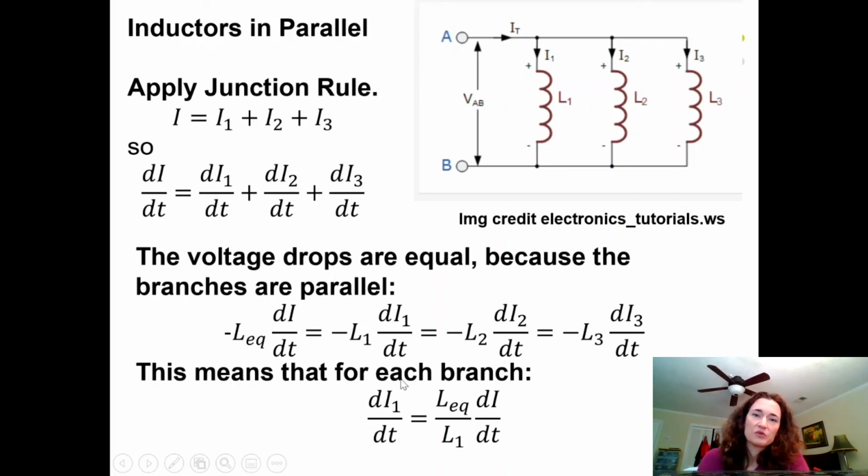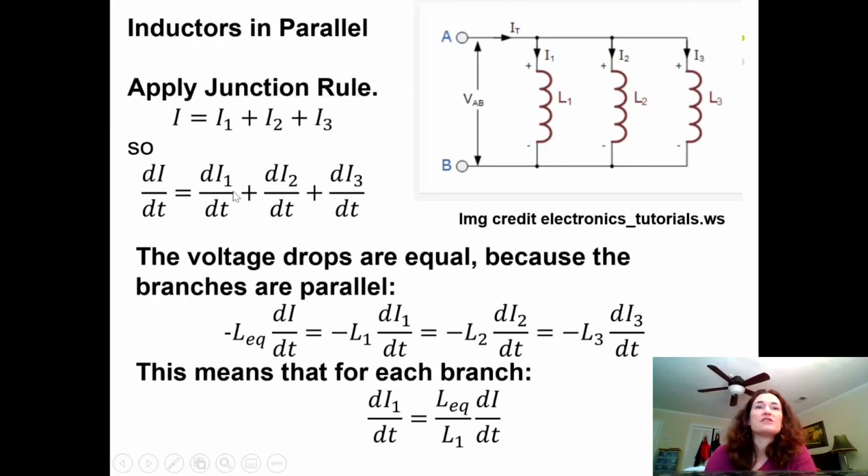If you take the derivative with respect to time of both sides, that would give you di/dt equal to di1/dt plus di2/dt plus di3/dt. So that's the time derivative of our junction rule. Now the voltage drops here are, of course, equal because the branches are parallel.